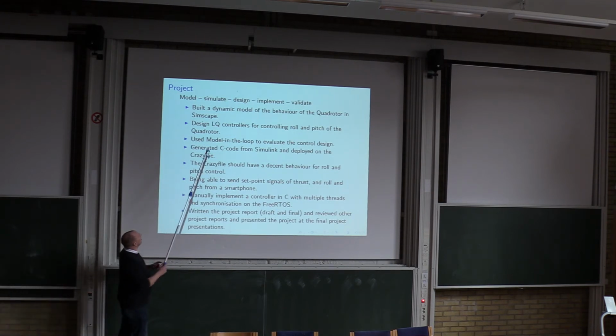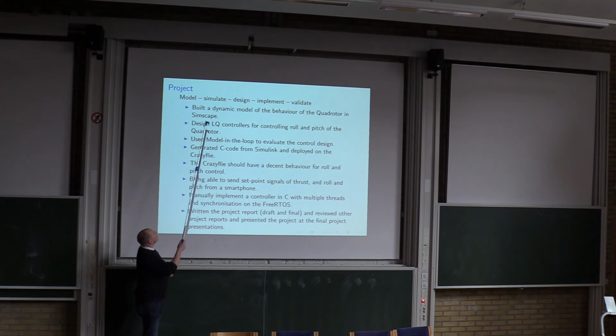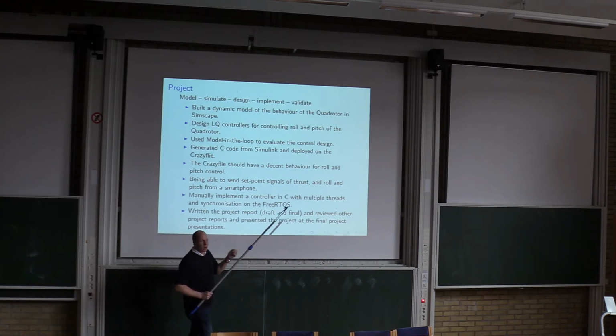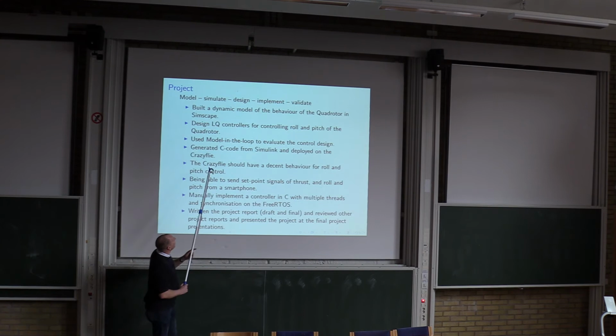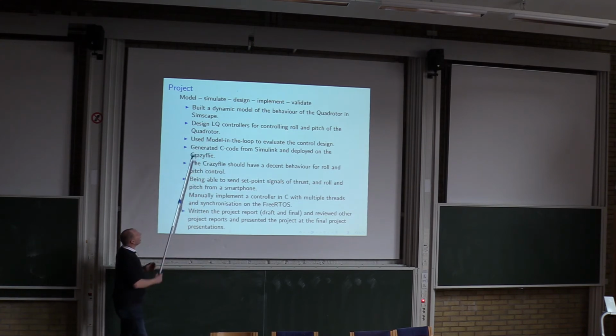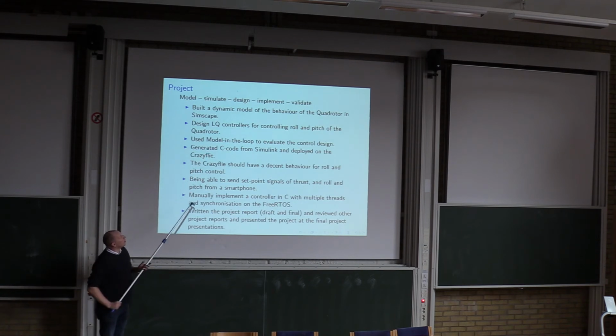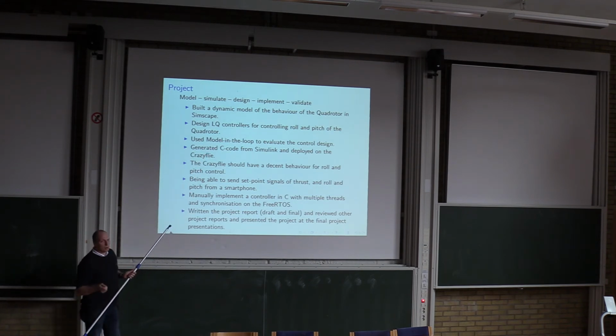Okay, so you will build this model, and then you will get a nonlinear model, and then you need to linearize it, and based on that, do an LQ control design for controlling the roll and pitch of the quadrotor. And then you will use the model in the loop to evaluate the control design.